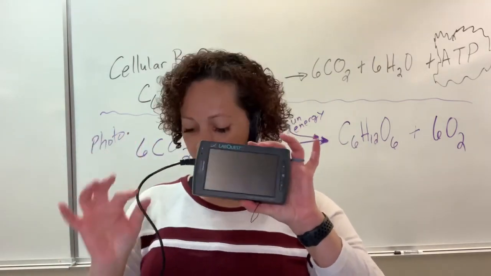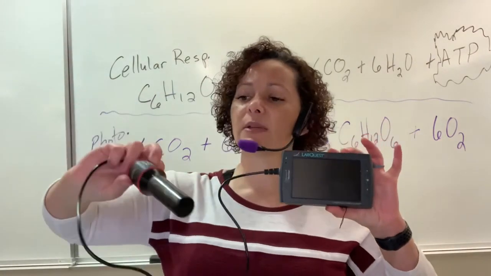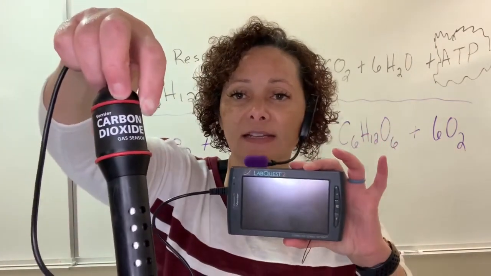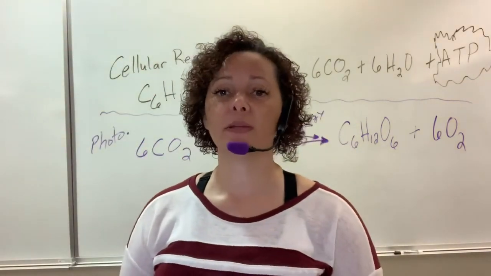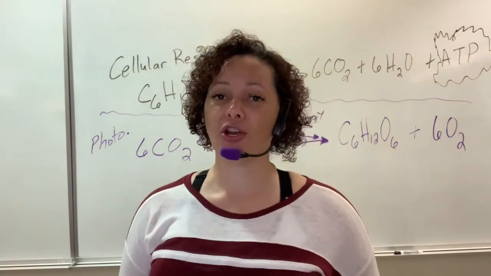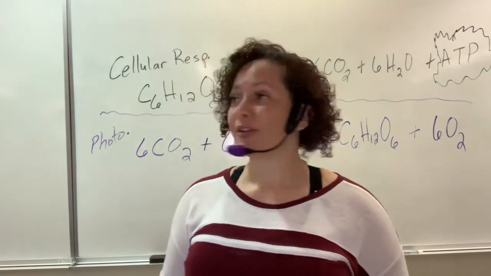You've plugged it into several different things. This time, you're going to plug it into this, what is called a carbon dioxide monitor. The carbon dioxide monitor is going to be able to detect how much carbon dioxide is coming out of an organism, okay? So look at that.